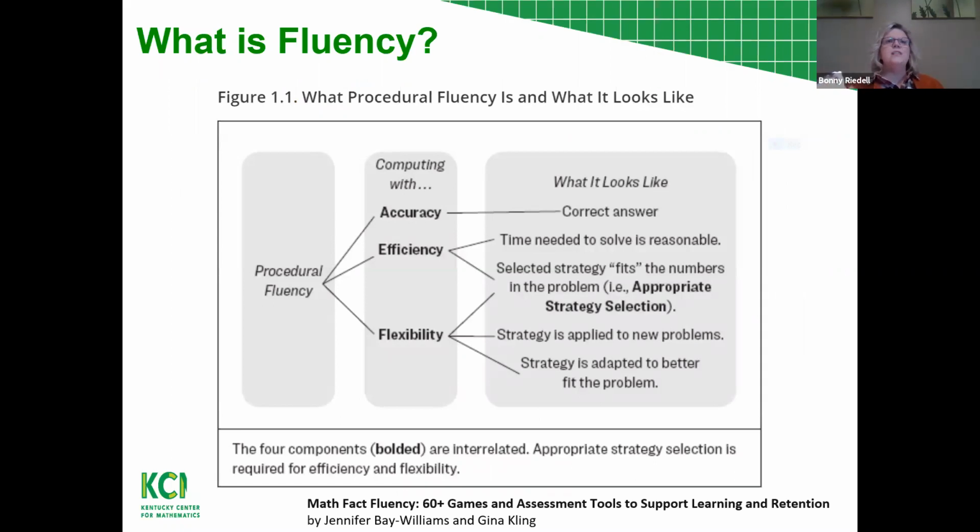So what is fluency? Building a student's procedural fluency means we're no longer just focusing on the correct answer. Basic fact fluency has 4 parts, and the first part is accuracy, because of course we want our kids to get the correct answer, but we can't stop there. If we end with just memorization, students have only one connection and only one avenue to solve the problem.